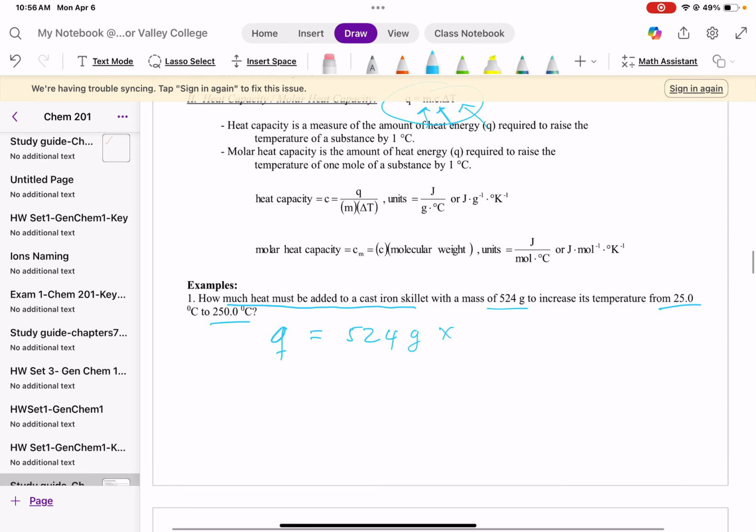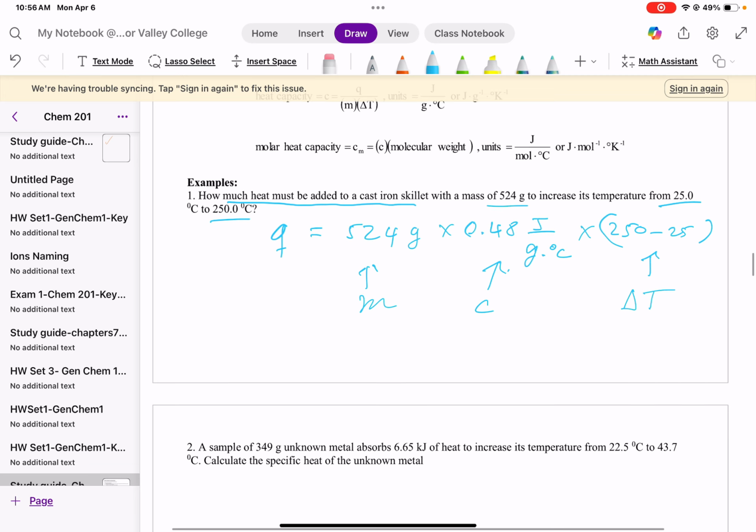For cast iron, it should be 0.48 joule per gram degree Celsius. That will be given. That's C. Then the mass, and delta T will be 250 minus 25.